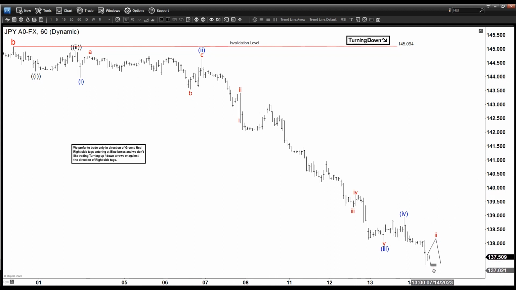Now again, with every kind of 5 waves impulsive decline, it is not going to be easy to figure out what the end of the move is. It is a lot easier to figure out a corrective pattern, 3 waves, like an ABC or WXY, because it should end at the 100% extension.